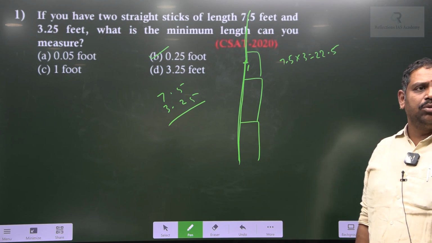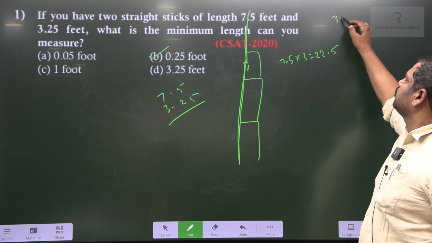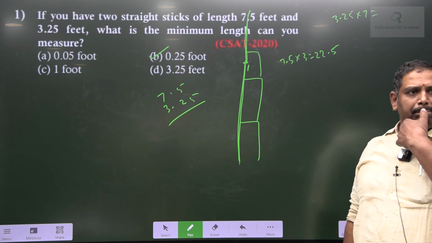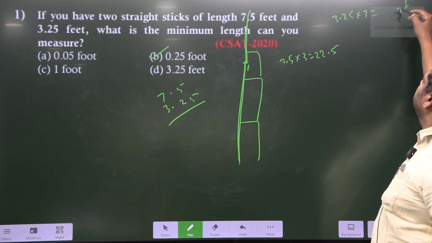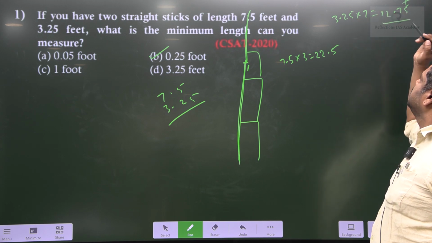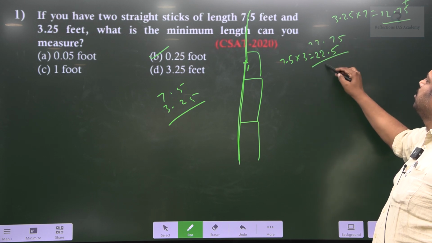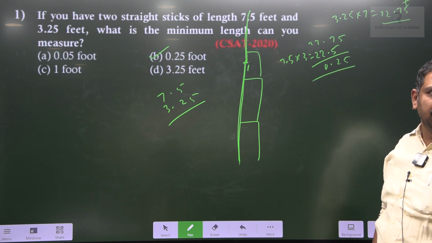So 3.25 into 7 is how much here? 22.75. What's the gap? 0.25 I can measure. Got it?